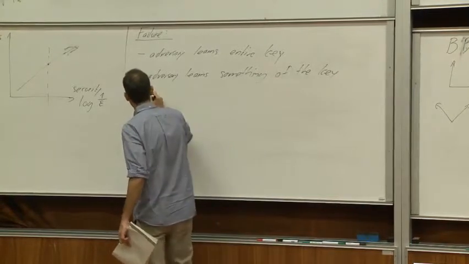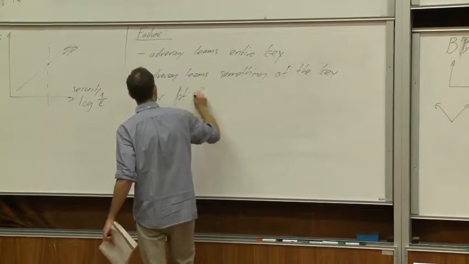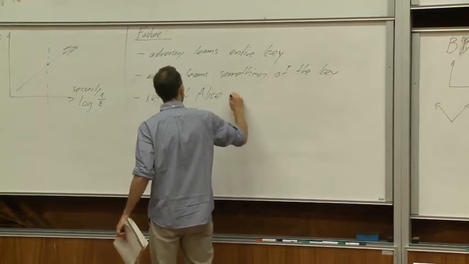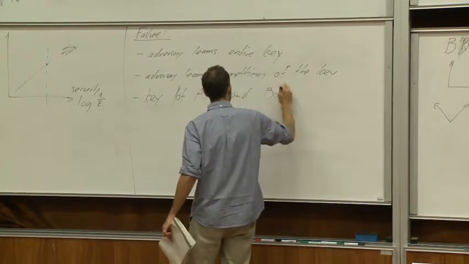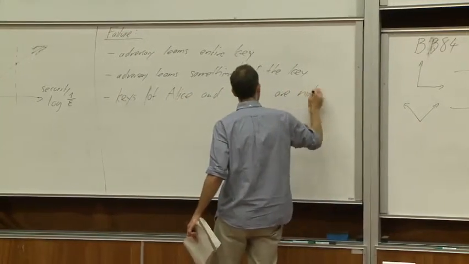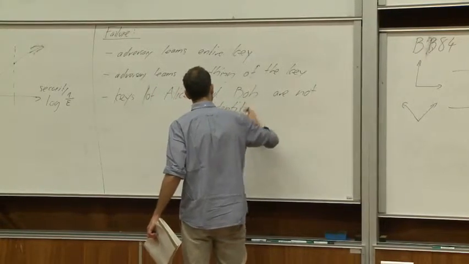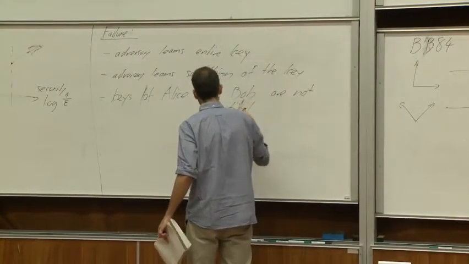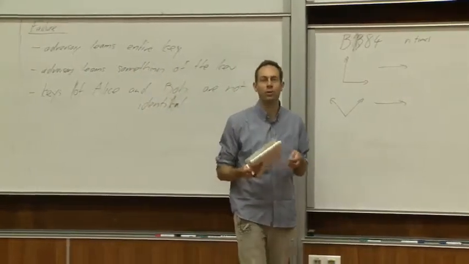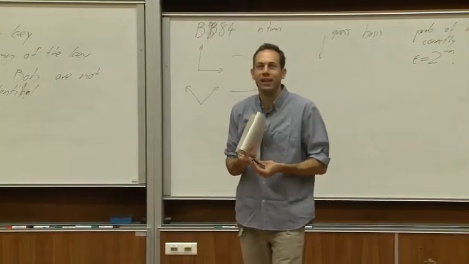Or it could also be that the keys of the two parties, of Alice and Bob, are not identical. That's another possible failure. But that's similar to an aircraft. If I ask what the failure of an aircraft is, I could also say that if, for example, the air conditioning system fails, the aircraft somehow failed in some way.